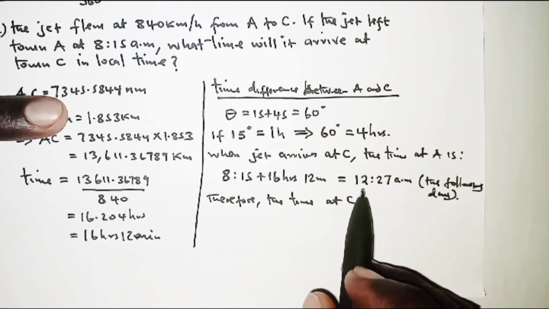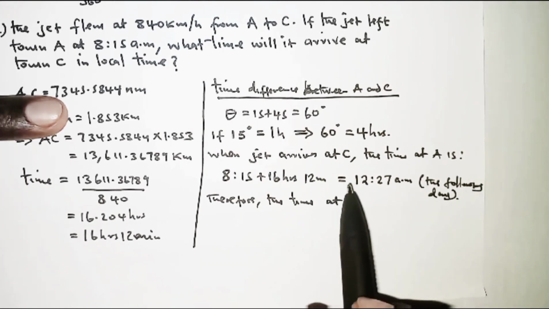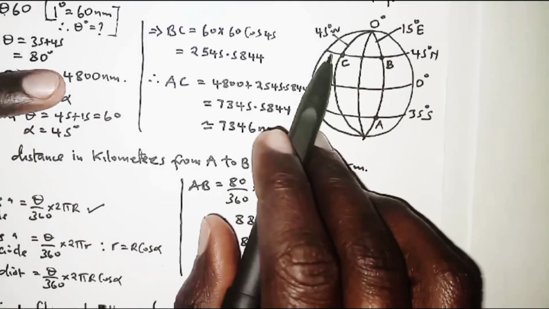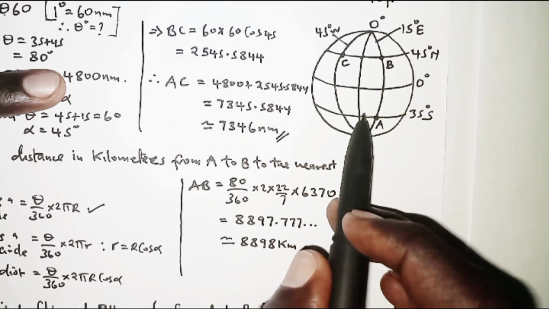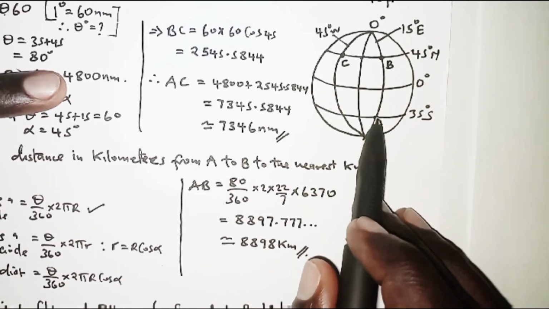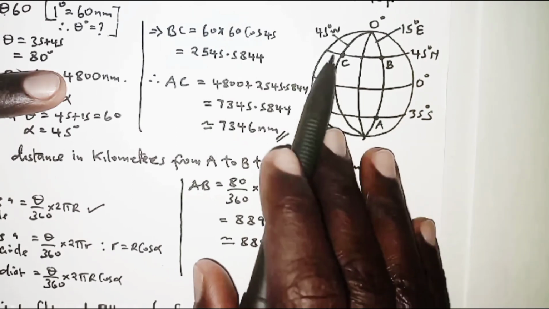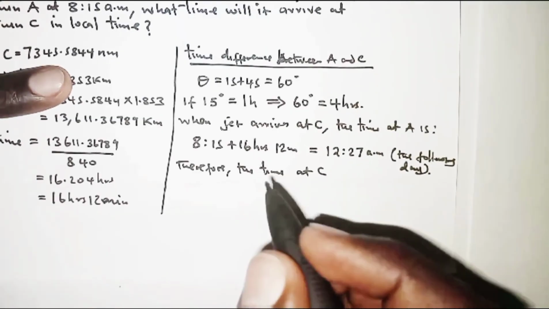So if it is 12:27 a.m. the following day at town A, remember town C is to the west of town A. Town A therefore should be ahead in time. So if the time at town A is 12:27 a.m. the following day, then town C must be behind in time. So we're going to subtract.